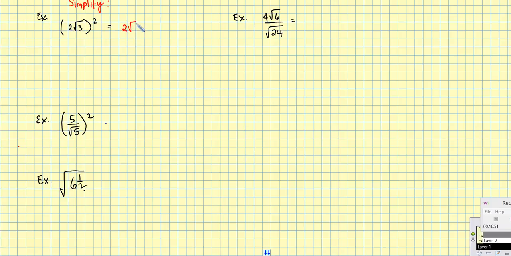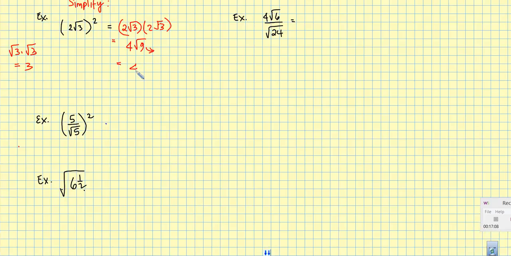So we have 2 root 3 times 2 root 3 becomes 4 root 9. Now, because we said that root 3 times root 3 is just going to equal 3, I don't even need to put root 9, but I can just write it as 4 times 3, so it becomes 12.